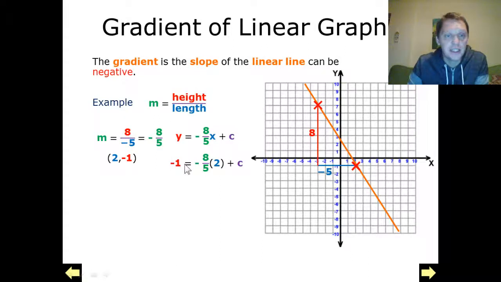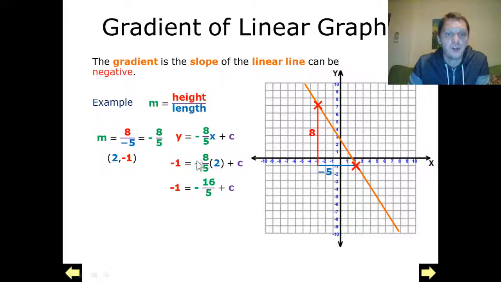So I am choosing the coordinate of 2, -1, which is on the line, just here, which was actually one of the points that I chose, and substituting this into my line equation. So where I've got y, I've now replaced that with -1, and where I've got x, I've replaced that with 2.